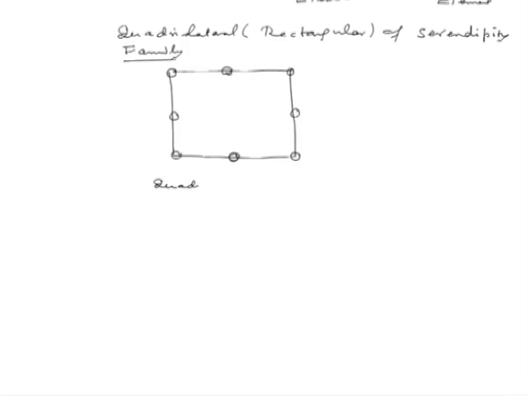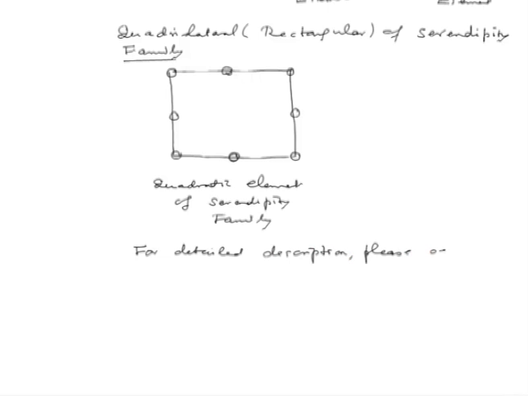So this is our quadratic element of the serendipity family. The same way we can define our cubic element of the serendipity family. For detailed description, please see the book of Jankovic et al.